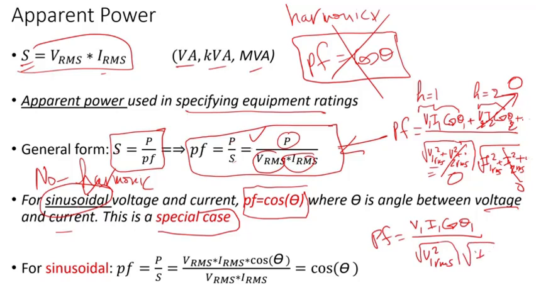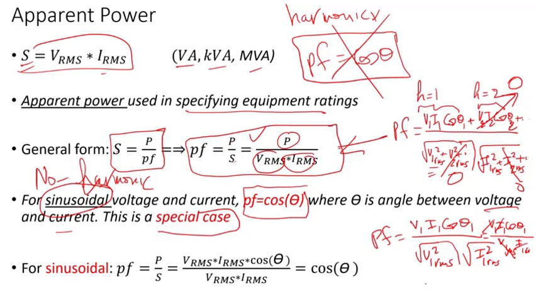which is V1 I1 cosine theta 1. What is this here? It's just V1 RMS times I1 RMS. V1 RMS, sorry, I dropped the RMS subscript, will cancel out.